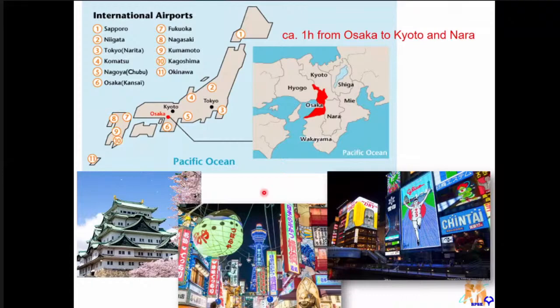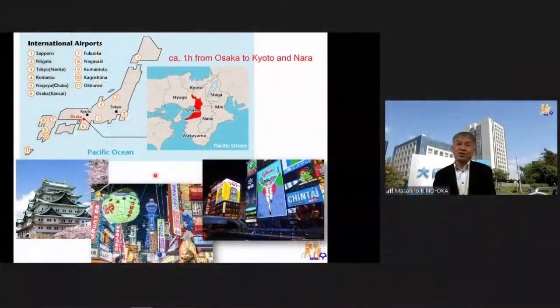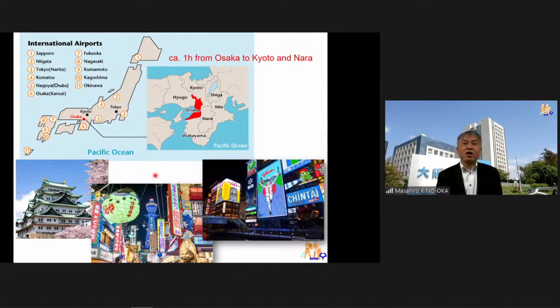Osaka and Japan in general are very easy to travel to. Osaka is especially well known as a merchant city. The Tokyo area is the government, the Kyoto area is the traditional capital, and Osaka is a merchant city. So there are quite different colors between Tokyo, Kyoto, and Osaka.